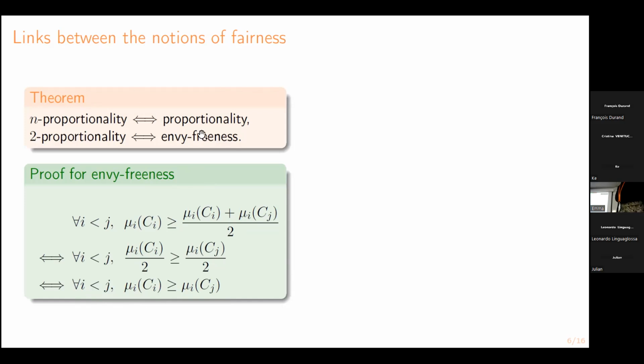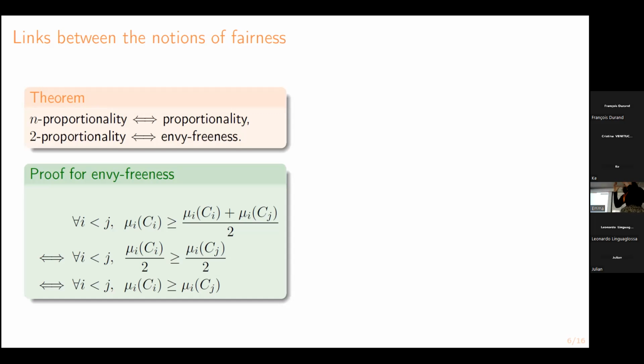But yeah, this is nice because you have a notion, k-proportionality, that englobes the two notions. One that is very restrictive, envy-free: you don't want anyone to be jealous of anyone, and one that is more relaxed, proportionality.